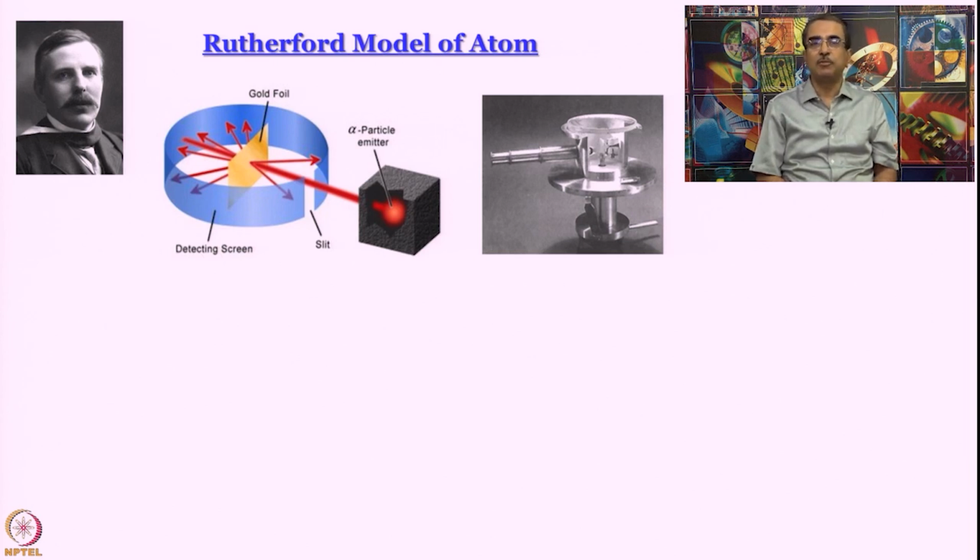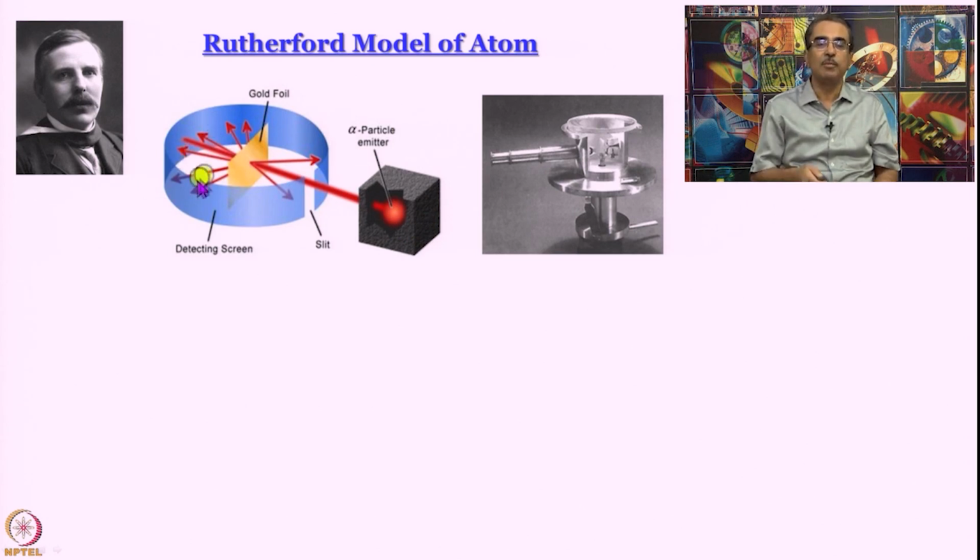At that time alpha particles had been discovered already, and it was known that they are very highly energetic particles. So, Rutherford asked Marsden to do this simple experiment: take an alpha particle emitter, keep a gold foil in front of it and then see how many alpha particles go through straight and try to see whether there is any deviation in the path of the alpha particles.